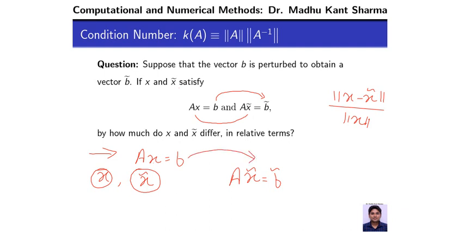So the given system is Ax equals B, and X tilde satisfies A X tilde equals B tilde.